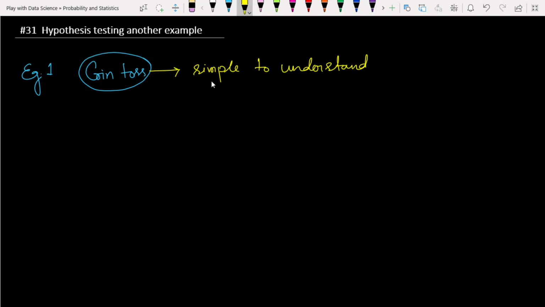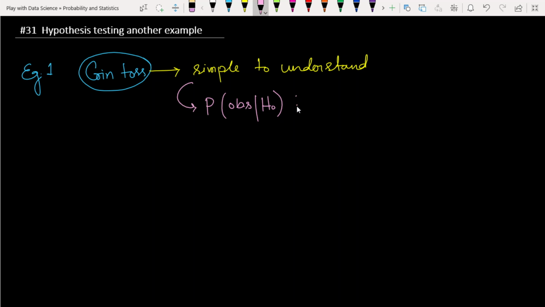So what are we actually doing here? We are calculating the probability of our observed value under the assumption of our null hypothesis.